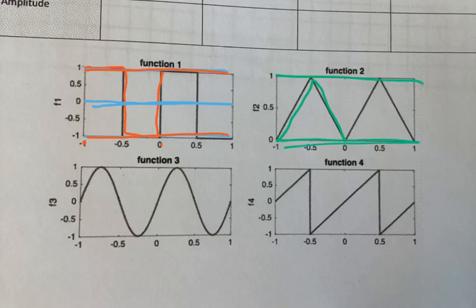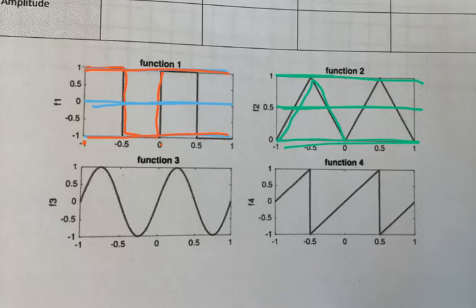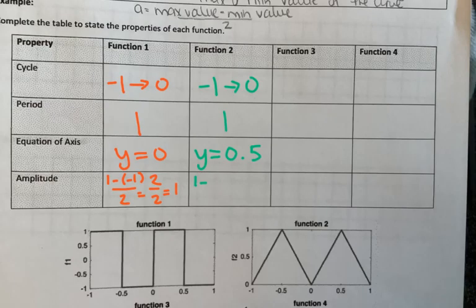My min value is 0. Halfway between 0 and 1 is a half. So my equation of the axis is y equals 0.5. And then my amplitude is the max value, 1, minus the min value, 0, divided by 2, equals 1/2, or 0.5.